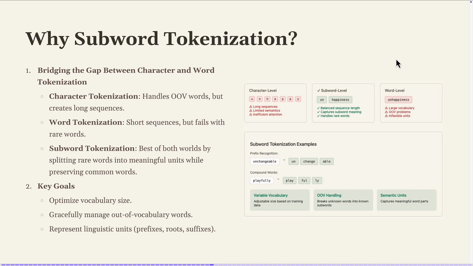And here we have large vocabulary, we can have the out of vocabulary problem, and inflexible units. So this solves both gaps. It can make a balanced sequence length. The sequence length is the hyperparameter that we can try to identify in the beginning, in the tokenizer. I want to build a tokenizer, and it should stop when it reaches 30,000 tokens, or 50,000 tokens, or 100,000 tokens.